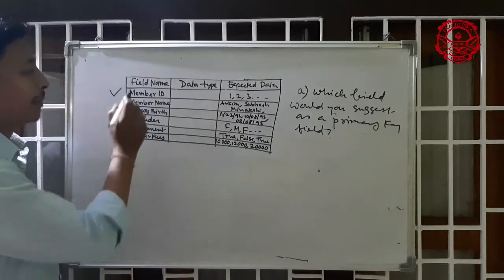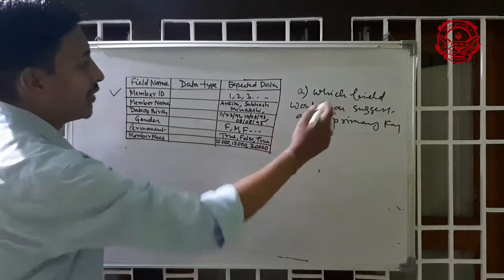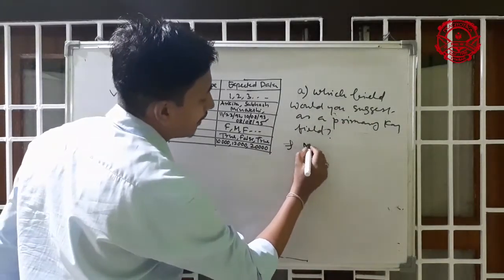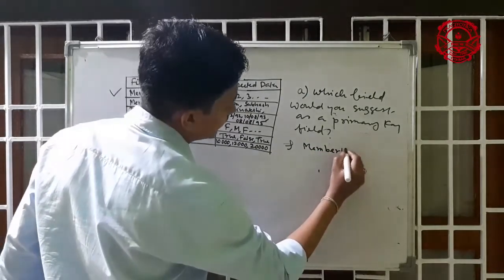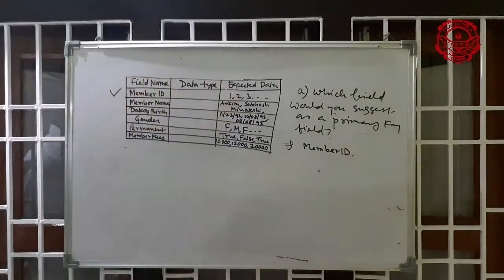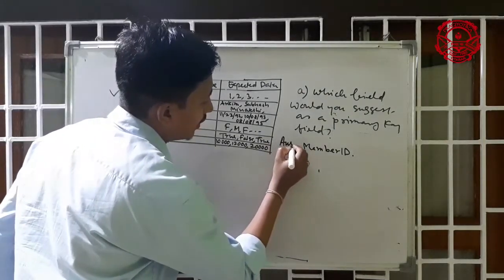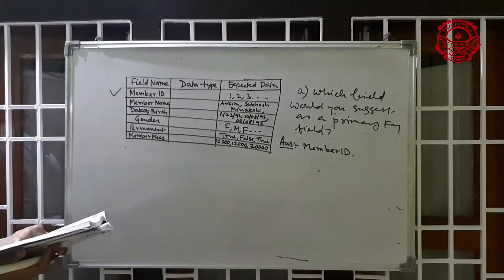So that's why member ID is the primary key field. So member ID, this is the answer.